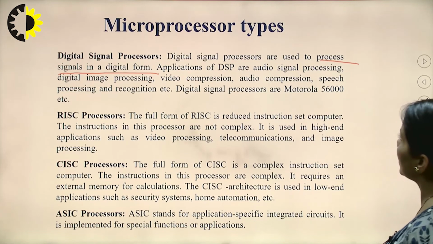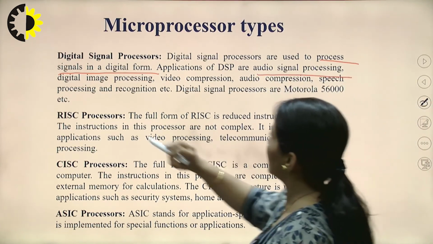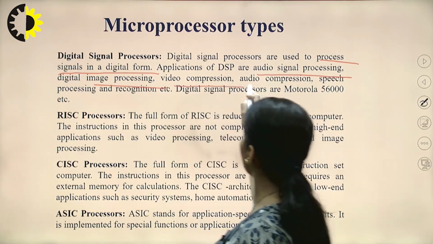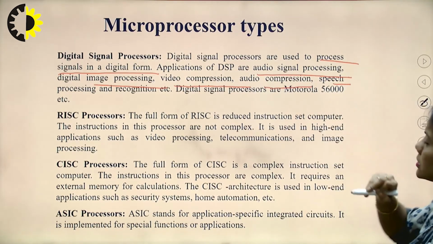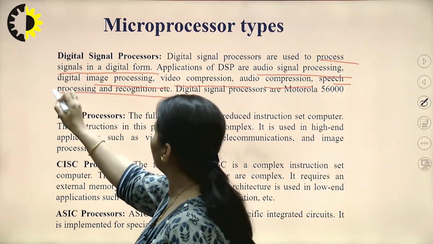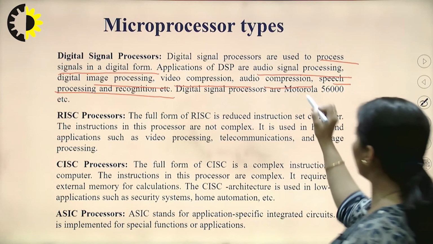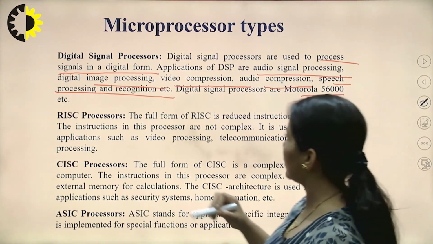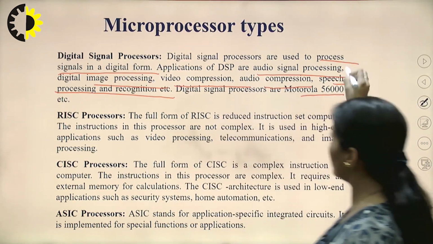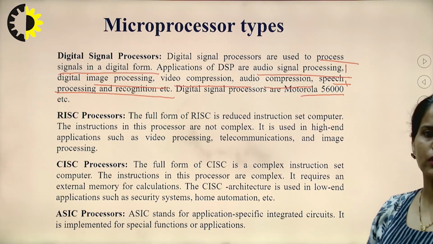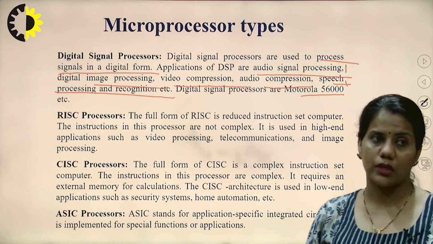Applications of DSP are audio signal processing, digital image processing, video compression, audio compression, and speech processing and recognition. Digital signal processors include the Motorola 56000, etc. This is very important in modern VLSI applications.